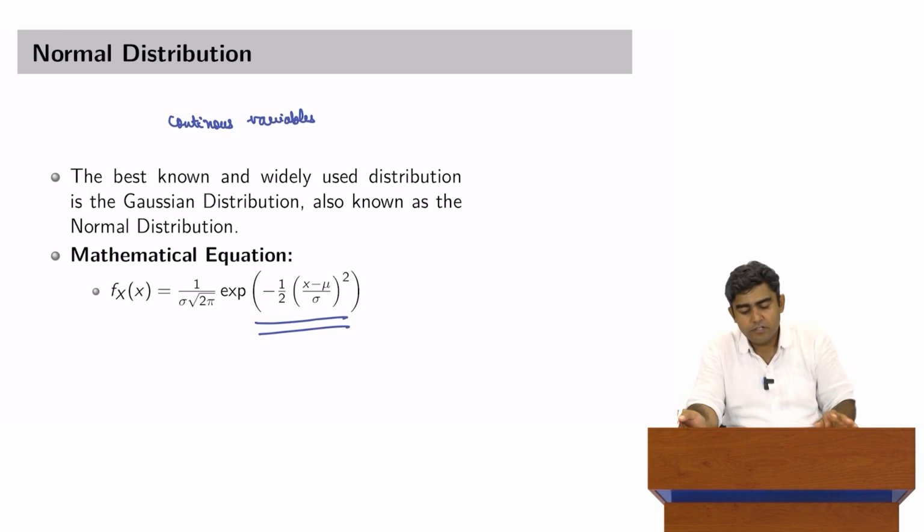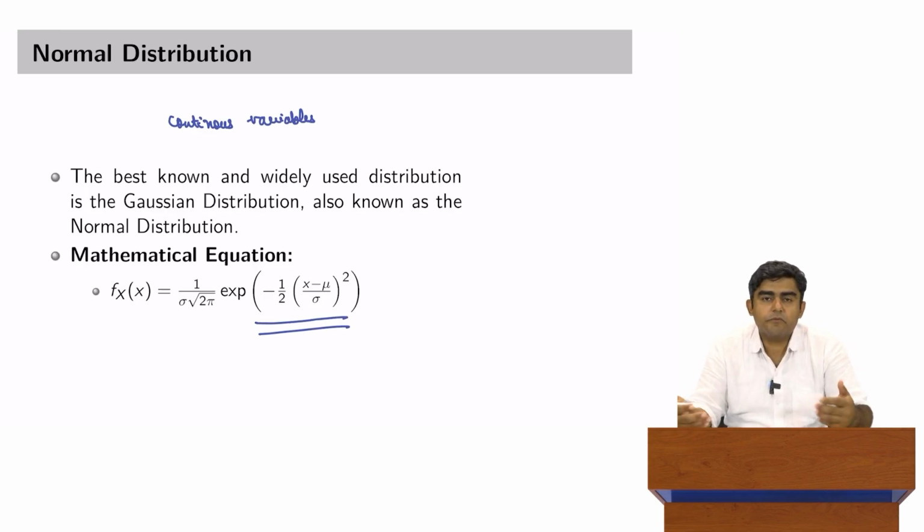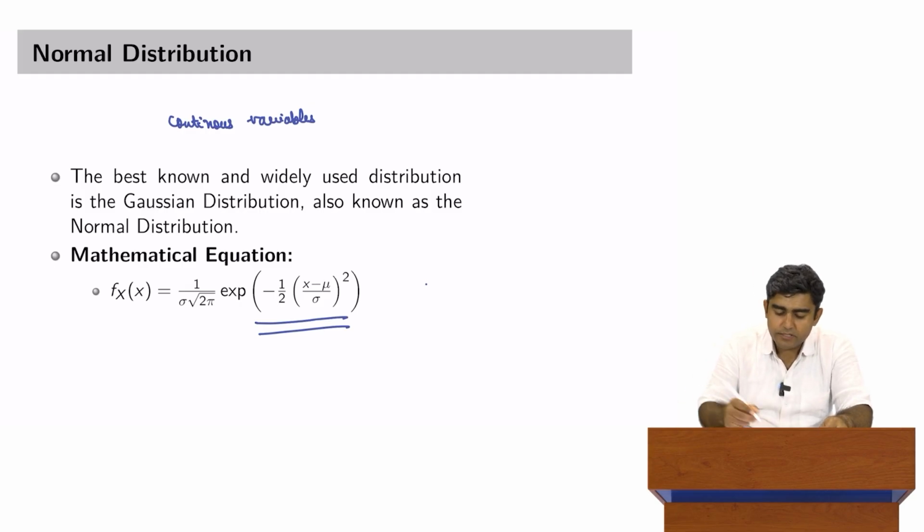Again, no need to remember this particular equation. If you use it multiple times, you would automatically remember that. But here there are a few important things that we need to understand conceptually, rather than worrying about the mathematical form. The first thing that we should notice here is that it's an exponential function. So this is some exponential of minus of f(x). What does that mean? That for much larger values of x, this would decay sharply, and that would mean that it would have thin tails.